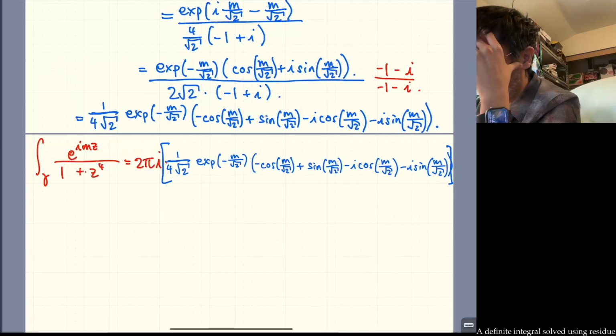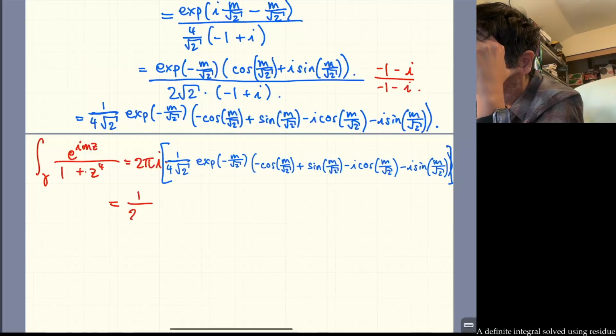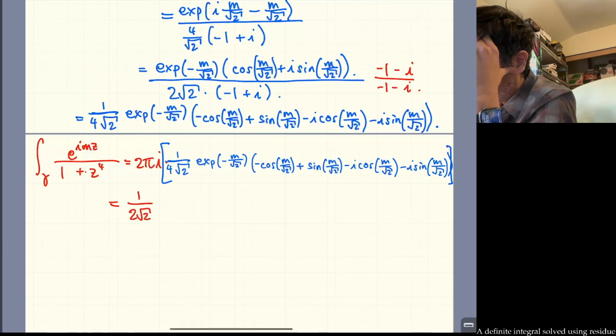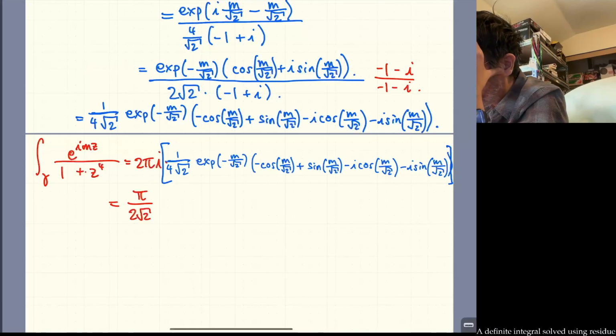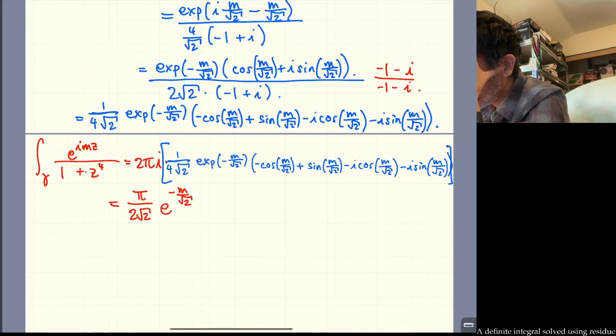Okay, we can simplify this a little bit. This is equal to, the 2's kill each other, so we get 1 over 2 root 2 times pi. We have this exp here, so that's e to the negative m over root 2. All right. And then we have i times all this gross stuff.